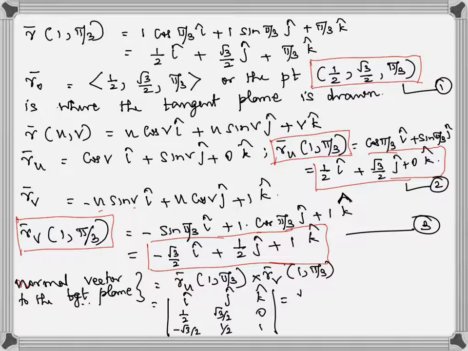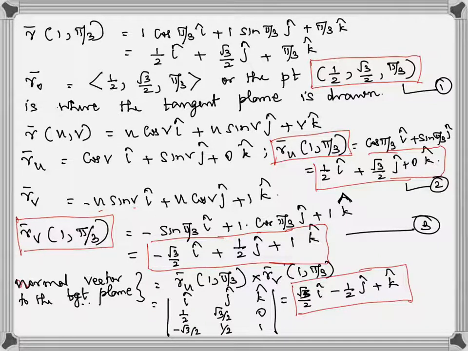We expand that and get root 3/2 i minus 1/2 j plus k. So this becomes a normal vector to the plane.